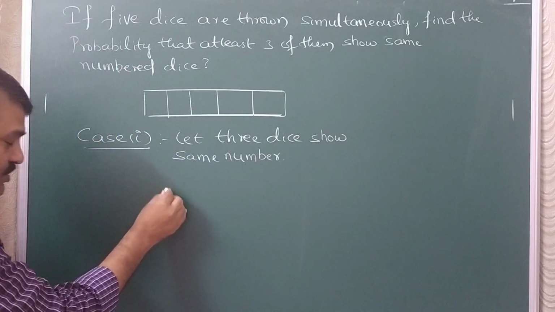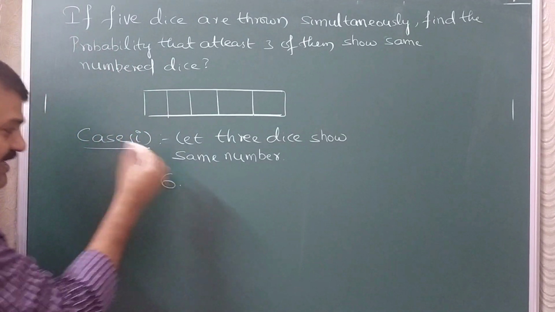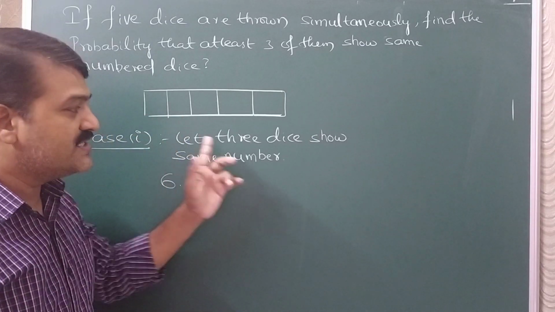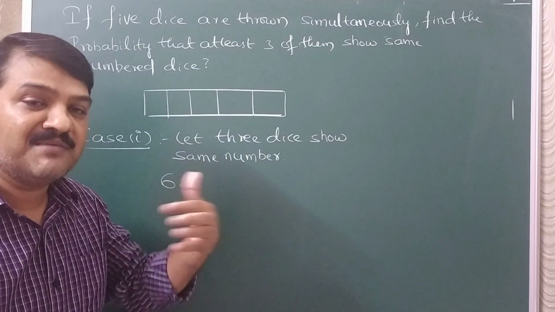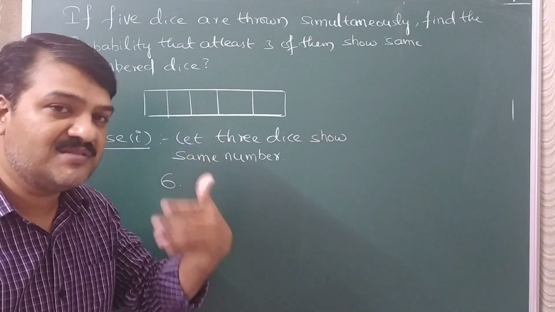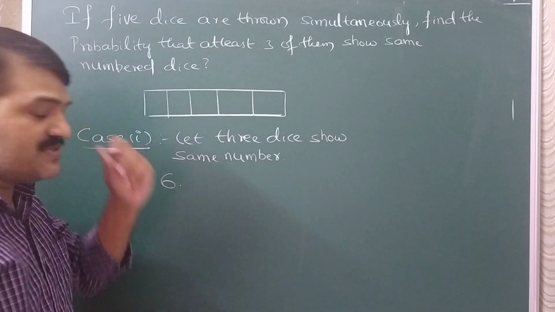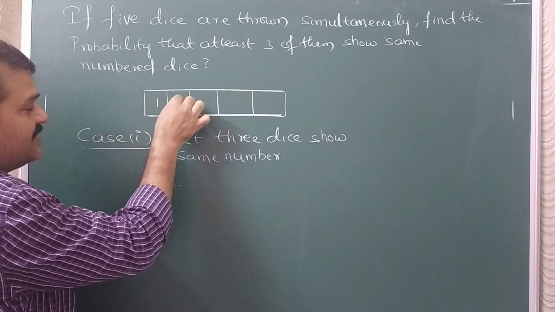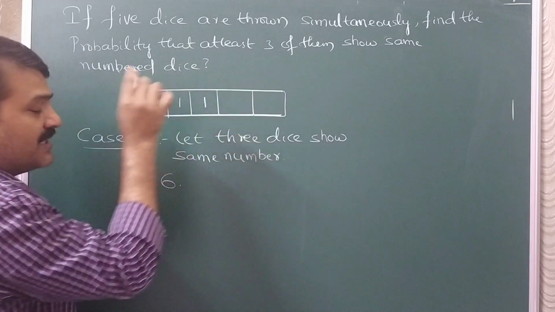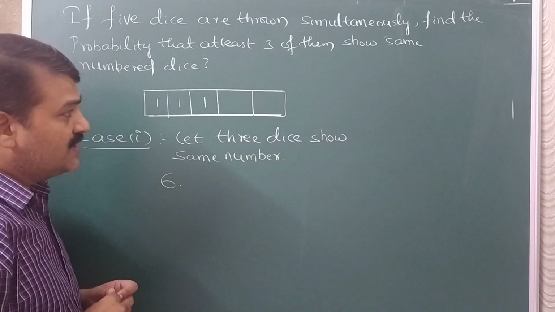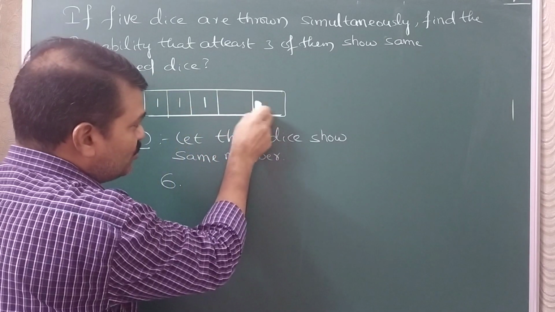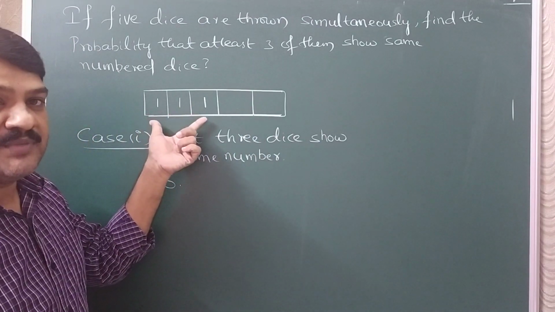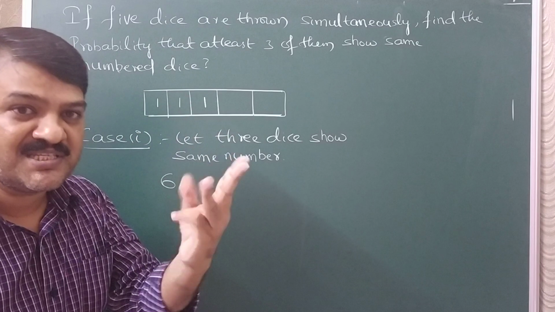Okay, you just listen carefully here. So 3 dice showing same number, that number can be either 1s or 2s or 3s or 4s, like that. There are 6 possibilities. For example, I take 3 dice showing same number like this. That means the remaining 2 dice must not show this number, because only 3 must show the same number.